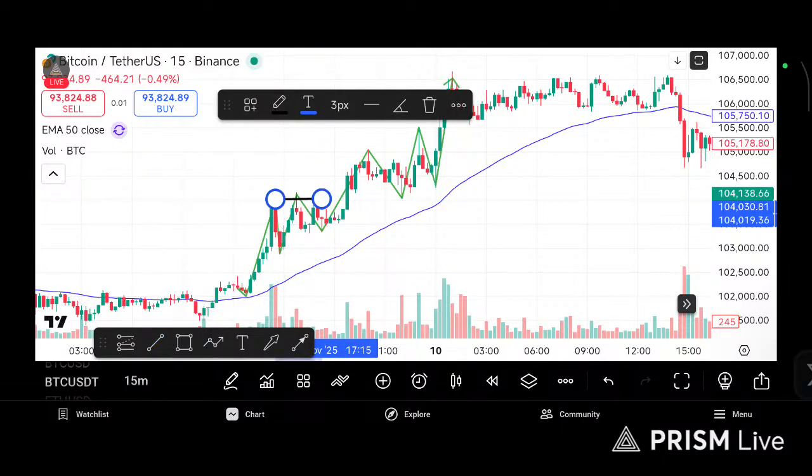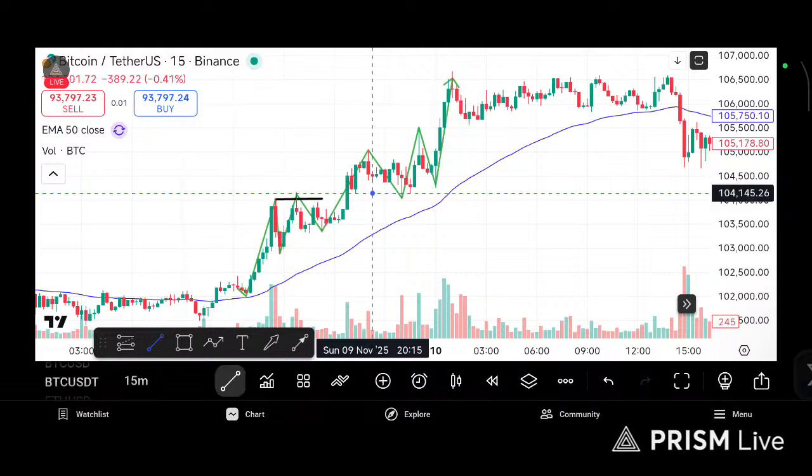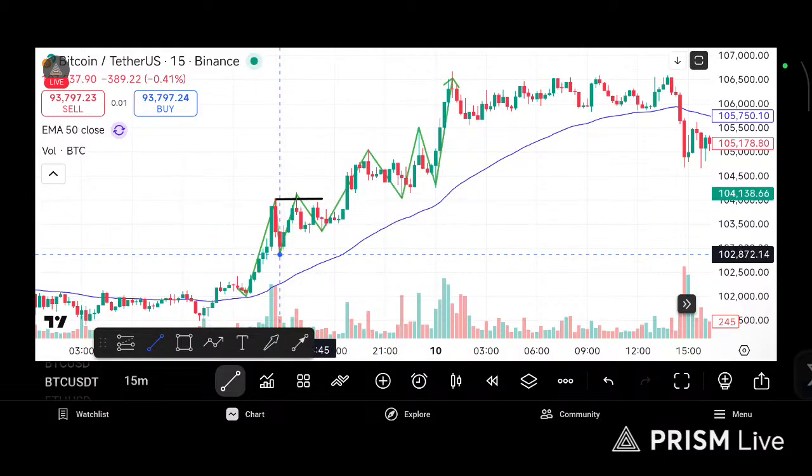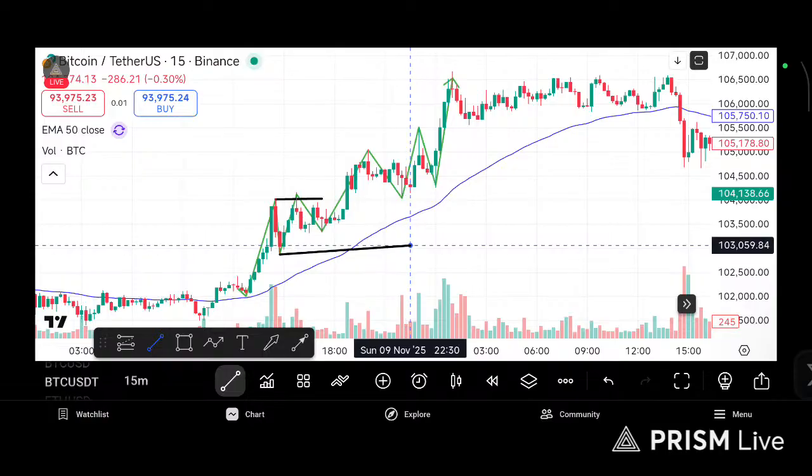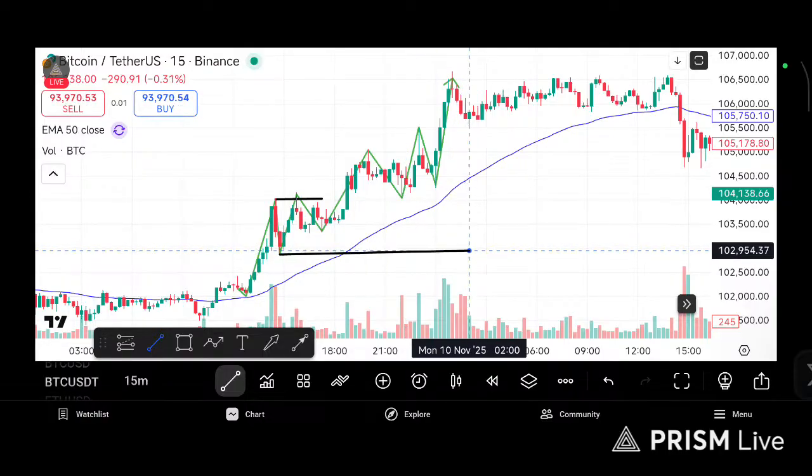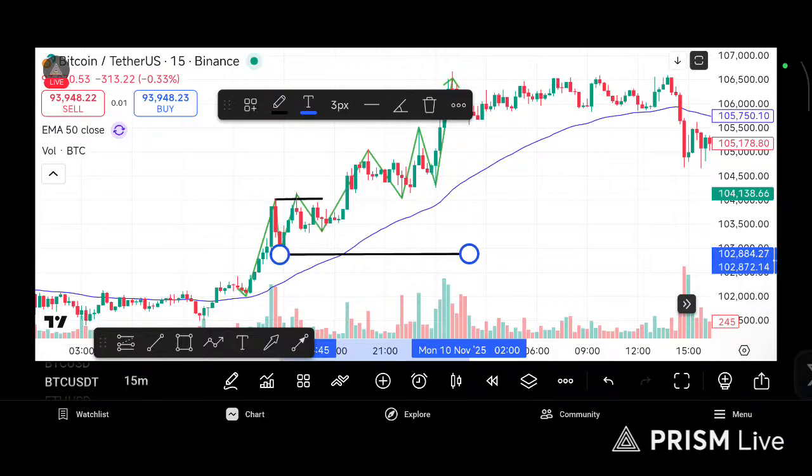This higher high broke the previous higher high, right? And this is our protected liquidity. This is our protected swing high. Have you seen it? That is our protected swing high.